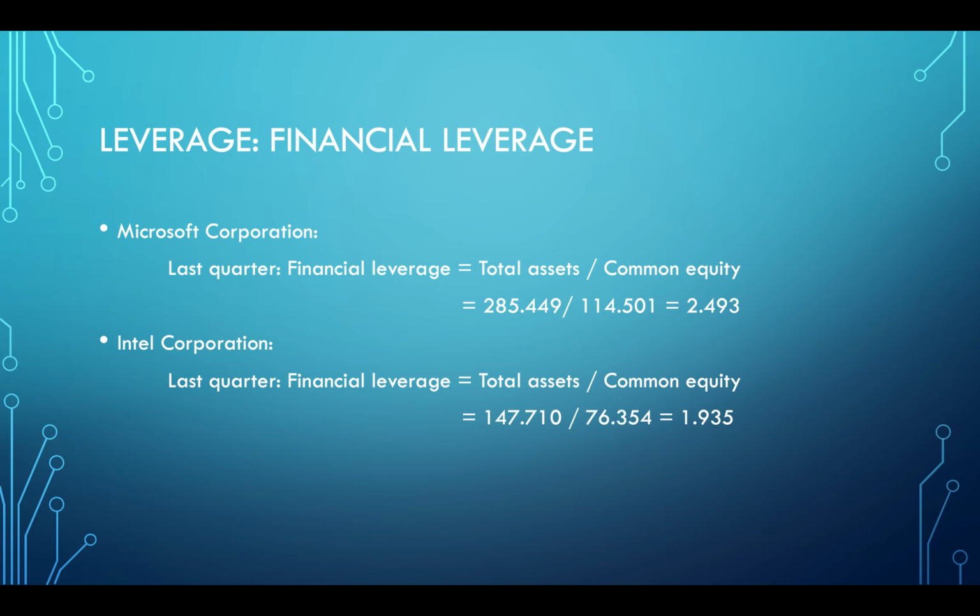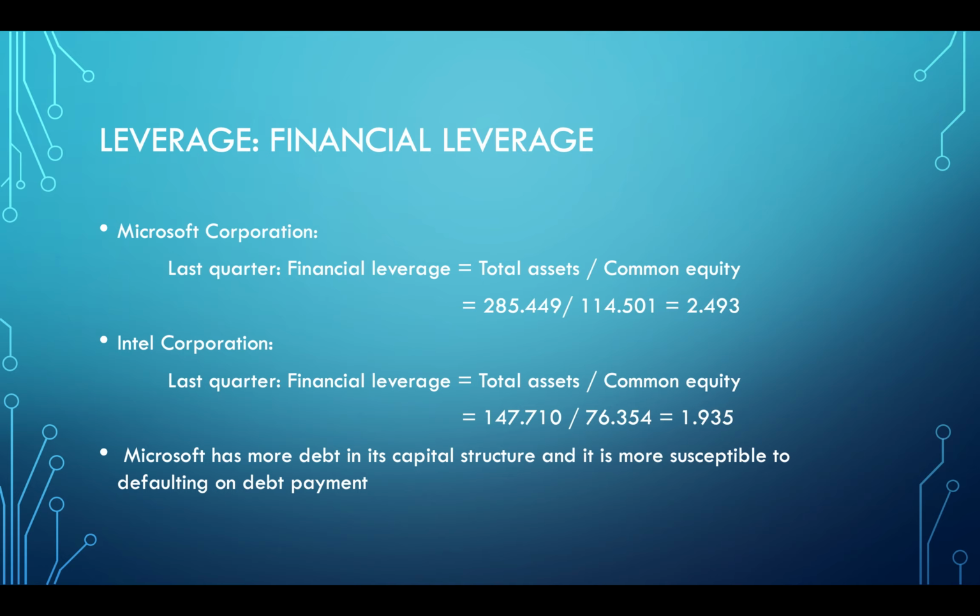We get the result 1.935. Microsoft is also larger than Intel. So the leverage is derived from the use of debt for the business, and we can see that Microsoft has more debt in its capital structure, and it is more susceptible to defaulting on debt payment.